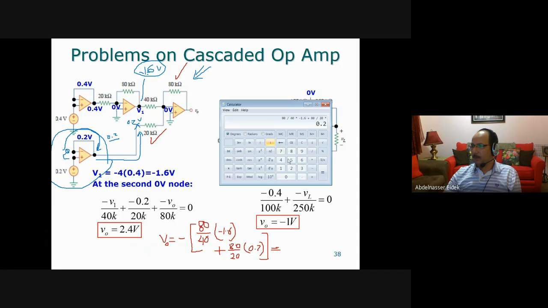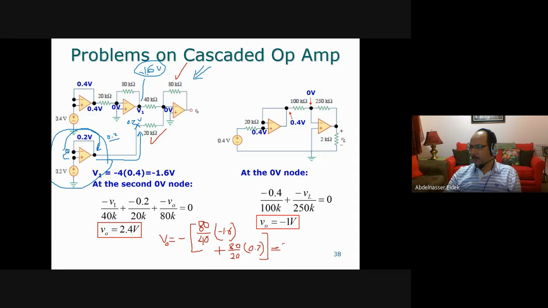And then you close it. So the result is negative 2.4. The total is negative 2.4, and you have a negative sign outside, then the result will be 2.4. And this is what we have here. It is 2.4 volt. So this is how you do it.